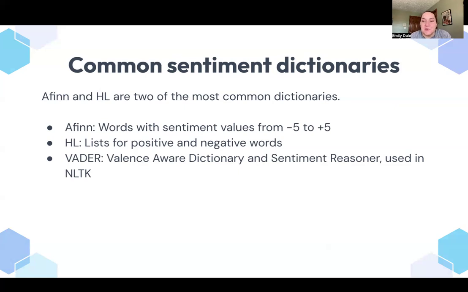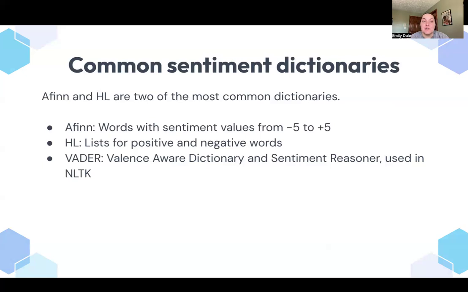HL is the one that has the text files on Brightspace, and it's just a list of positive and negative words. And then there's Vader, which stands for Valence Aware Dictionary and Sentiment Reasoner, but that's part of NLTK, and it tries to find the context of the word, so not just the words itself, but how they're used. So it's a little bit more sophisticated when it comes to sentiment analysis.